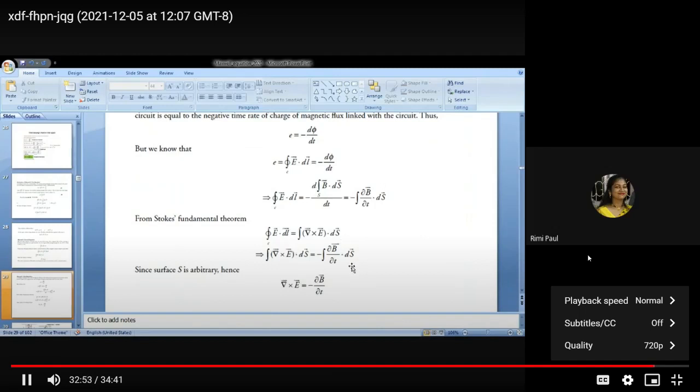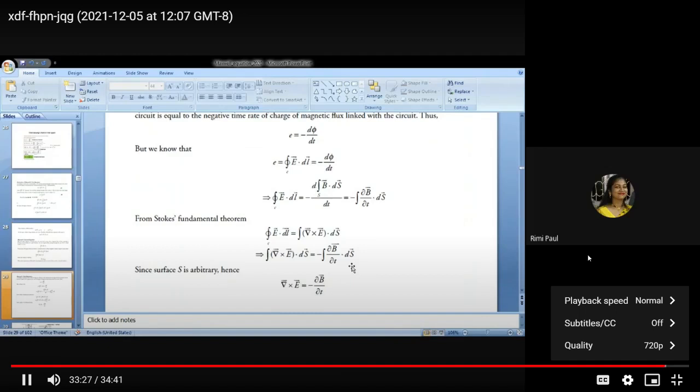Right? So if I take a question that a circular loop conductor of radius 0.1 meter lies in the z is equal to 0 plane, that means the xy plane, and a resistance of 5 ohm is given, and B is equal to 0.2 sine 10 to the power 3 t a_z cap Tesla.